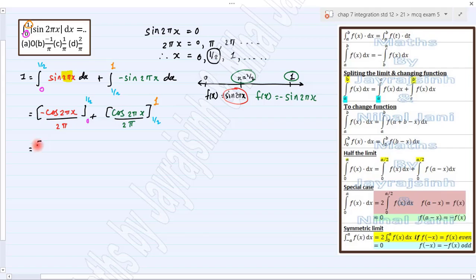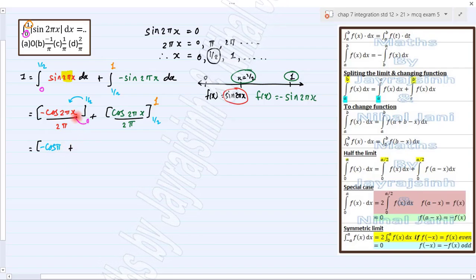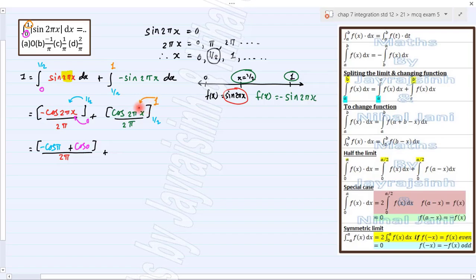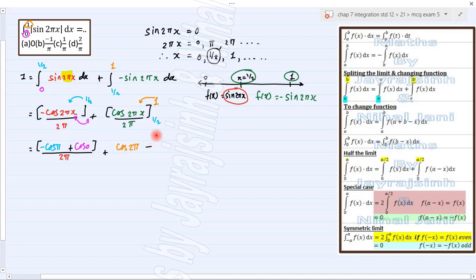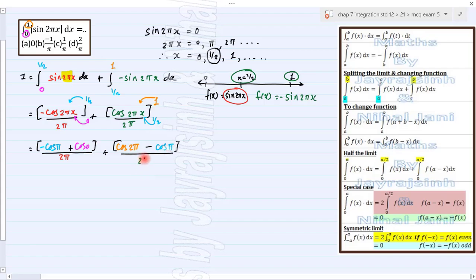So, if we substitute upper limit, we will get minus cos pi plus your lower limit will give us cos 0, whole divided by 2 pi, plus from upper limit we will get cos 2 pi minus from lower limit we will get cos pi, upon 2 pi.